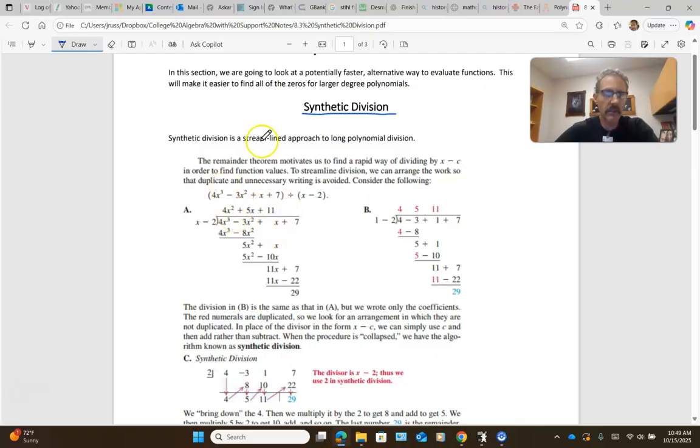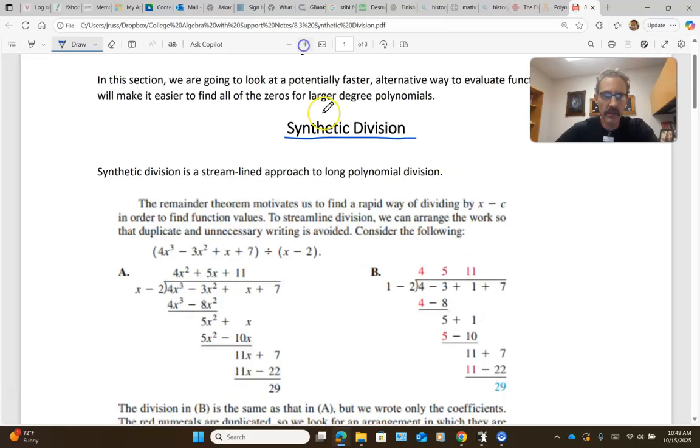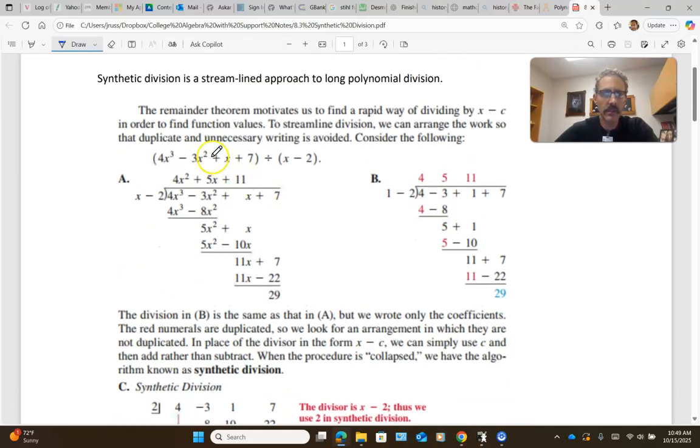So if I wanted to divide, let me zoom in here. If I wanted to divide this cubic polynomial right here by this linear polynomial, the result would be a quadratic. It would be a second degree polynomial, and that's what we actually see here. So you can actually do this division using long division.